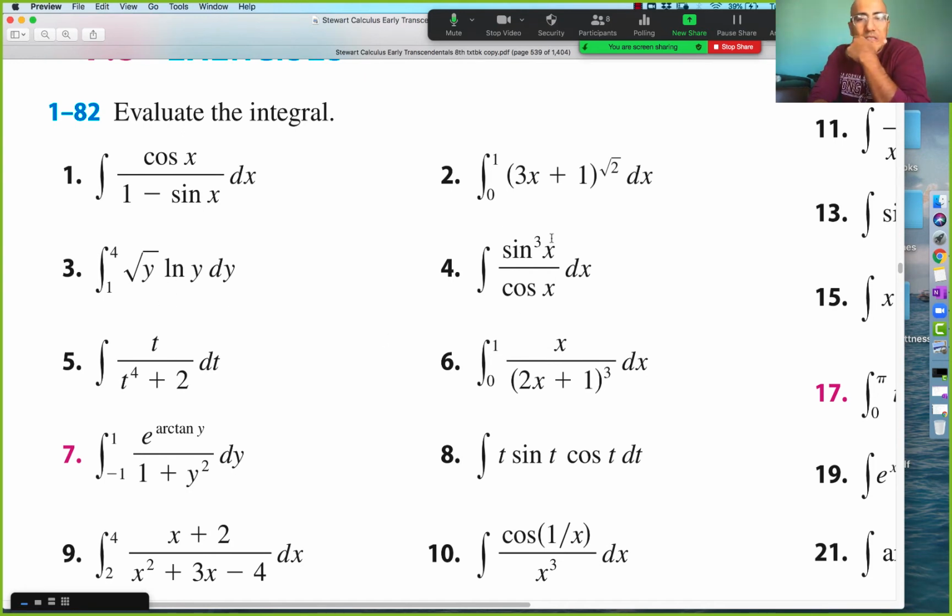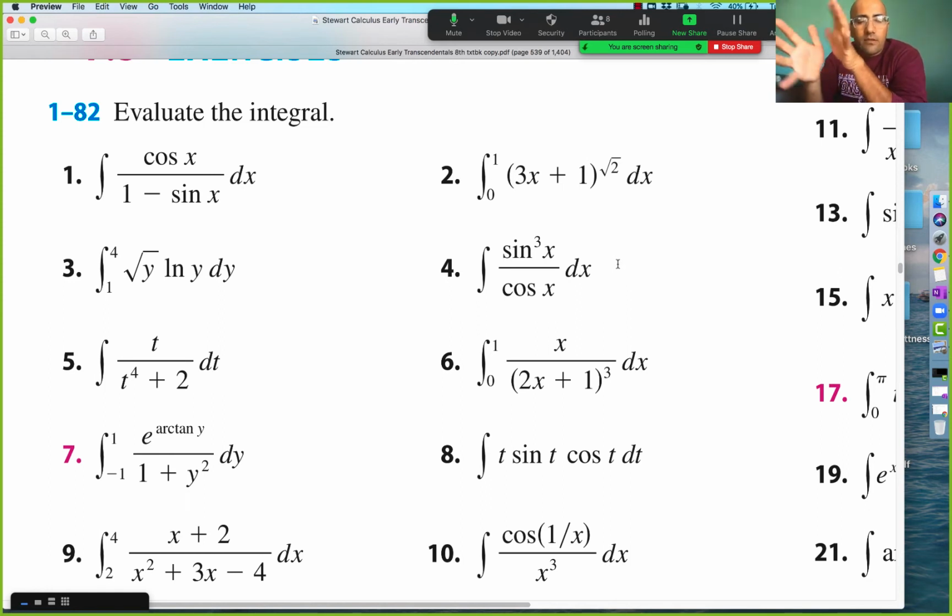And so I think another one was number 4. What do we do in 4? Maybe try, if we can separate it into a sine squared x and then a sine, we'd end up with cosine times sine squared. And then the sine squared, we can convert into 1 minus cosine squared.